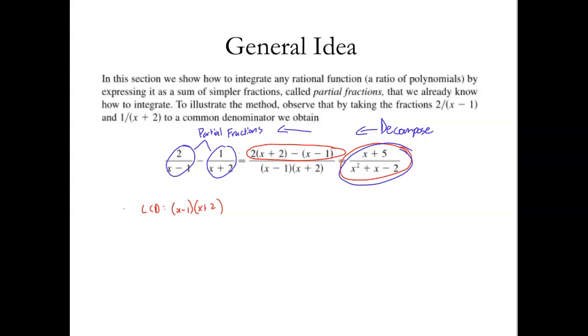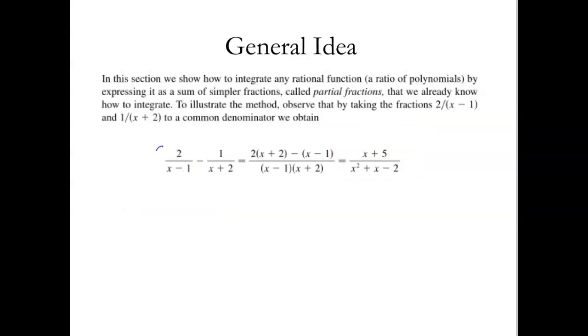And so the idea there is it would be much, much easier for you to integrate, like if we had an integral that involved this expression, it's much easier to integrate these than it is to integrate this. Does that make sense? Because these you can just do a simple u sub for, and you're going to end up with natural log of the absolute value of what's in the denominator. All right, so that's the general idea.